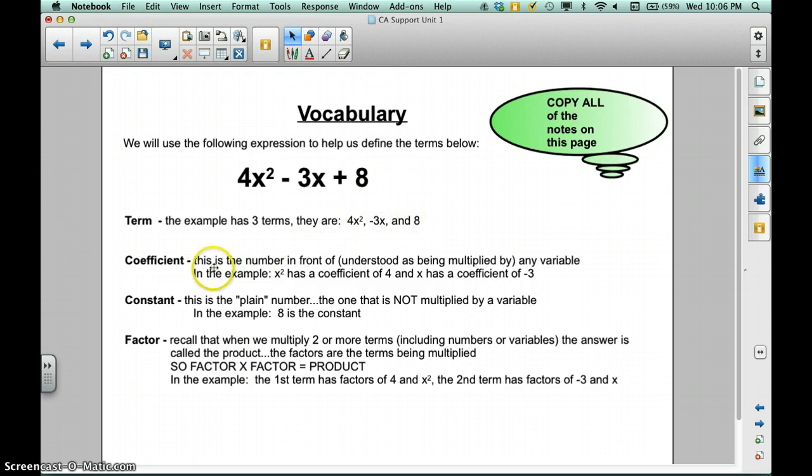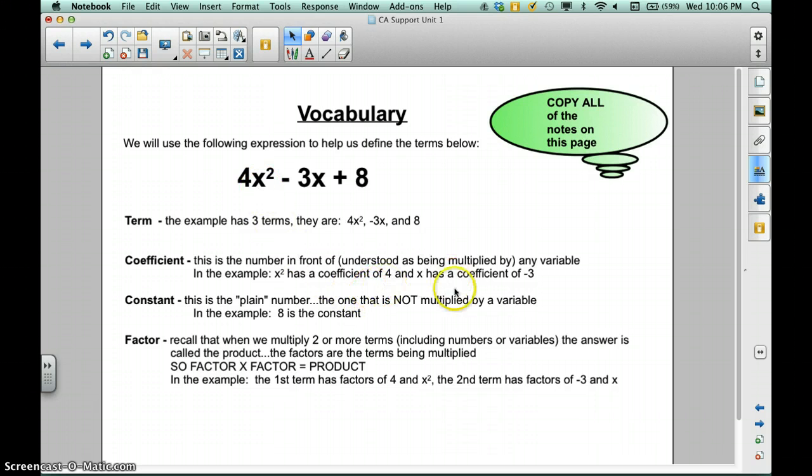The next vocabulary word we need to understand is coefficient. A coefficient is the number in front of, remember it's understood as being multiplied by, any variable. In this example, x squared has a coefficient of 4. 4 is the number in front of it, and it's understood to be multiplied to the x squared.